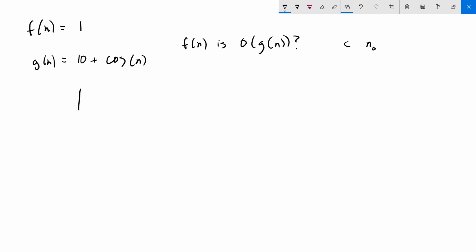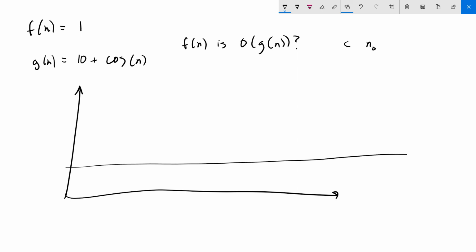What would you say? Let's draw a graph here. What would f look like? F's going to be a straight line at 1, and let's put 10 up here. What would g look like? It's going to look like, what's cosine of 0? Is that 1?